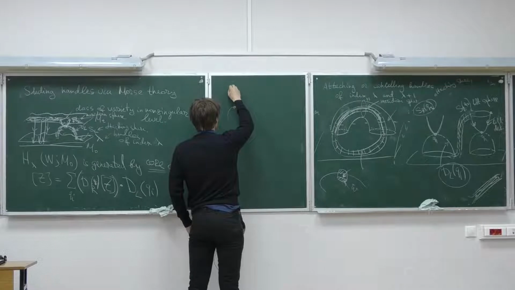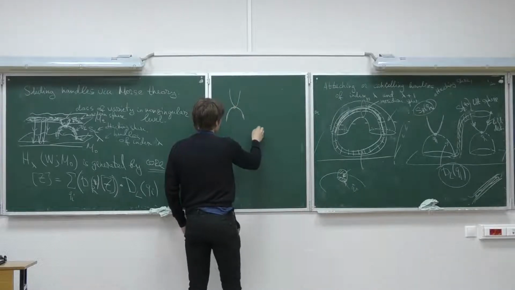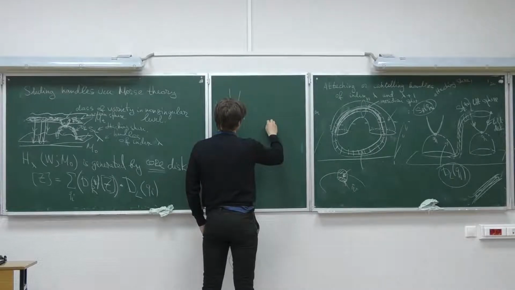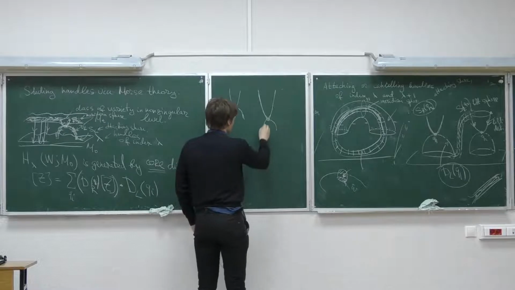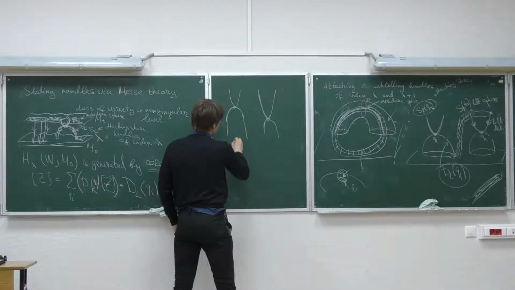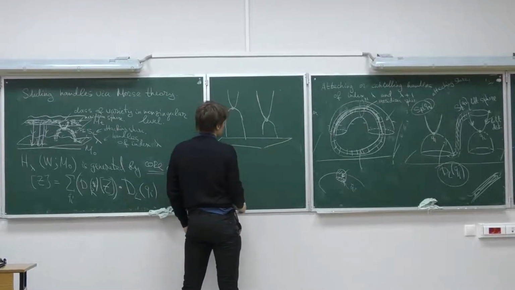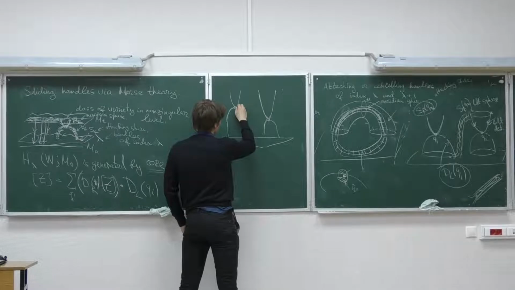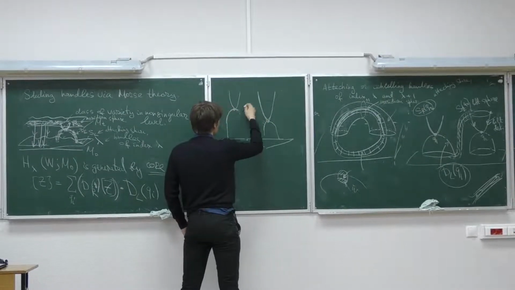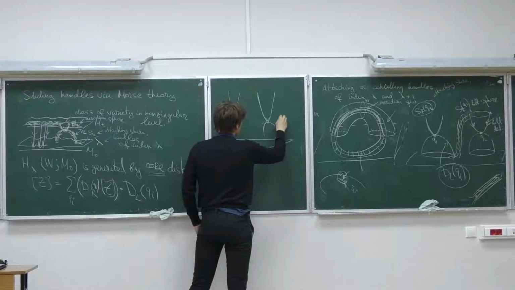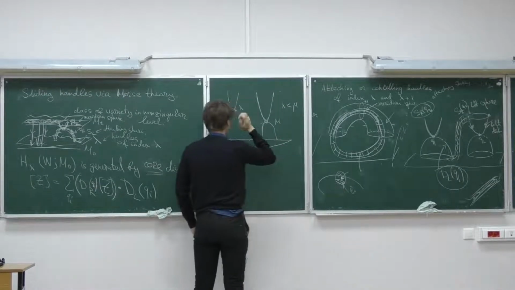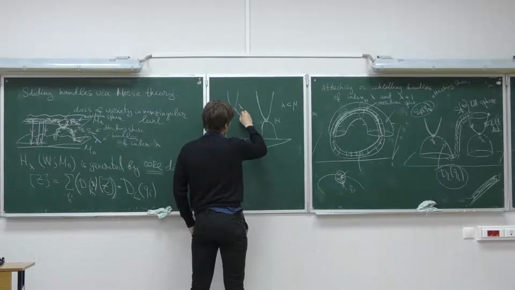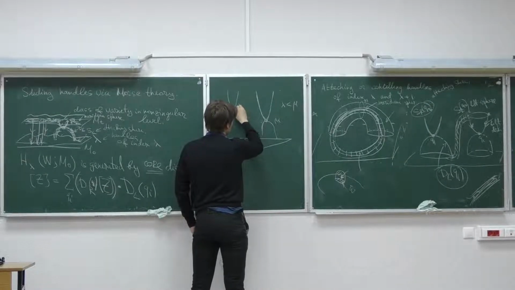Suppose you have these two handles, so suppose that the handle is of this form, so that the handle of the smaller index is attached to the handle of the upper index.